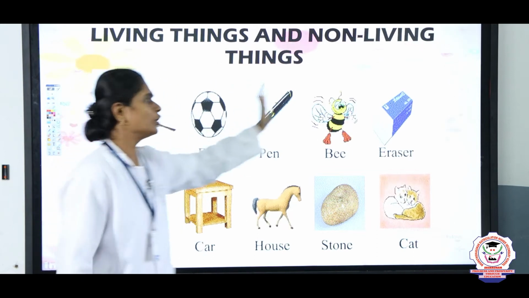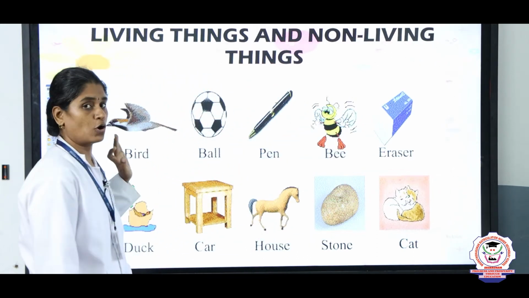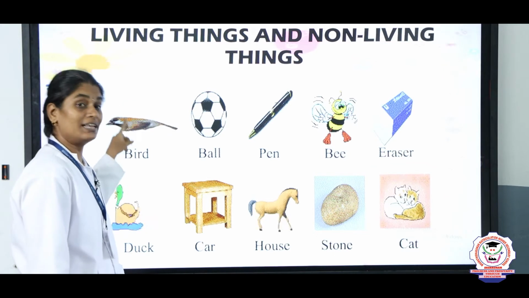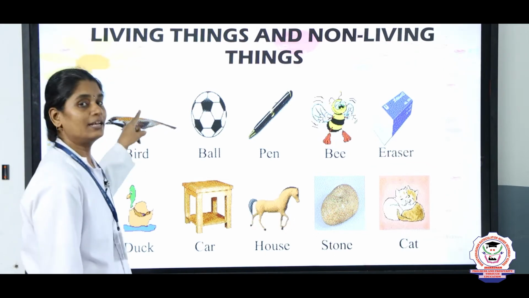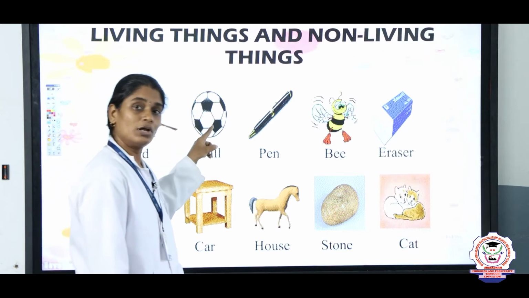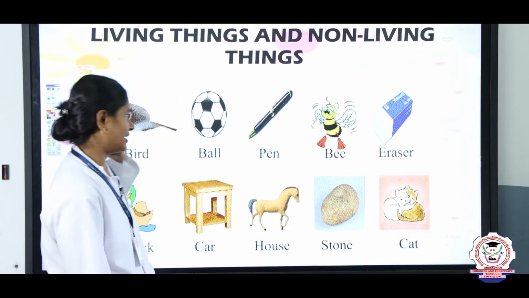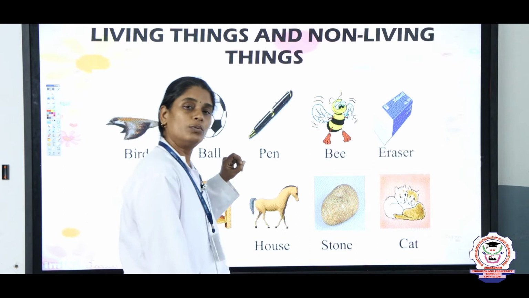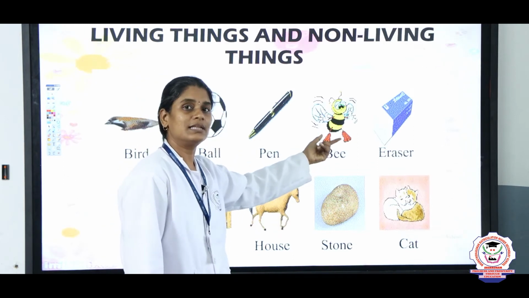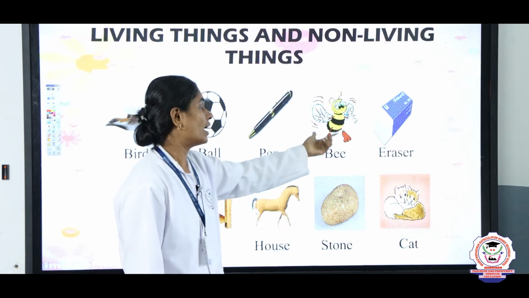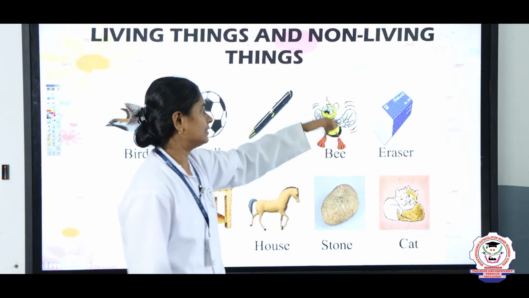Here you can see many living things and non-living things. What is this? A living thing or non-living thing? It is a bird, so bird is a living thing. Ball is a non-living thing. Pen is a non-living thing. Bee is nothing but your honey bee, and honey bee is a living thing.